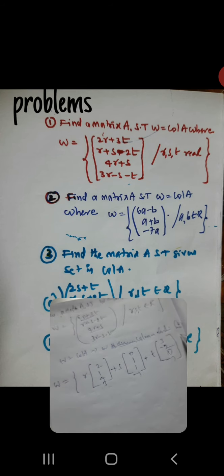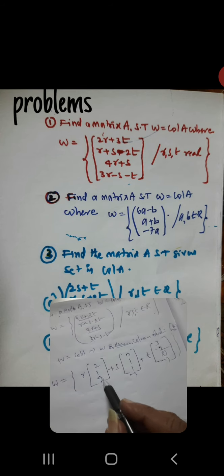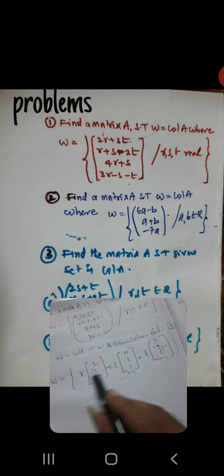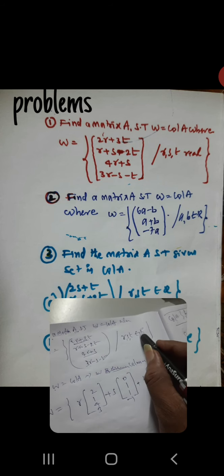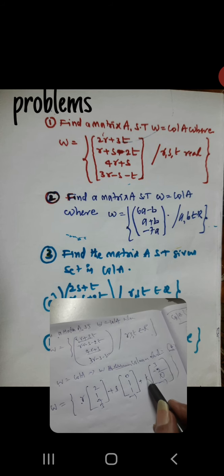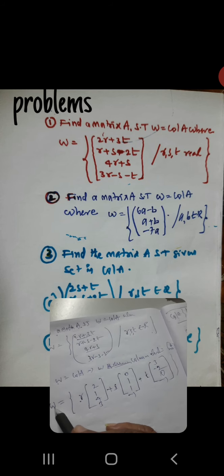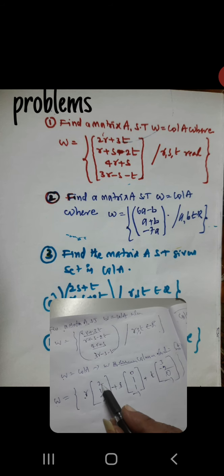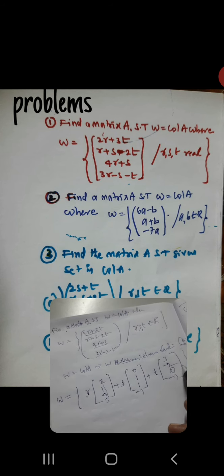What's here? W is Col A. All elements R, S, T are real numbers. There exist scalars R, S, T such that each and every element in W is a linear combination of these vectors. Right?